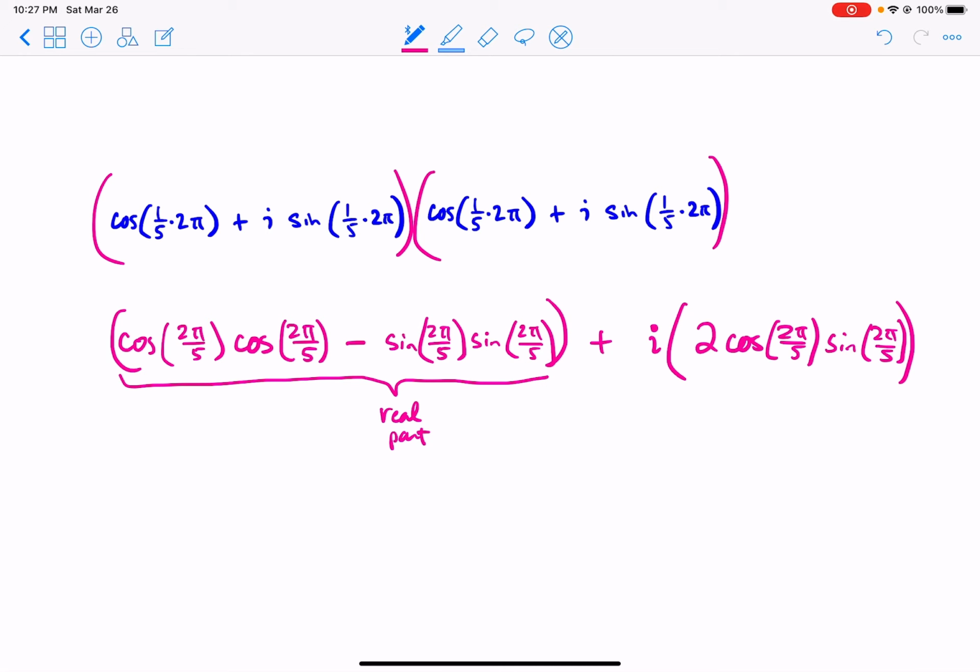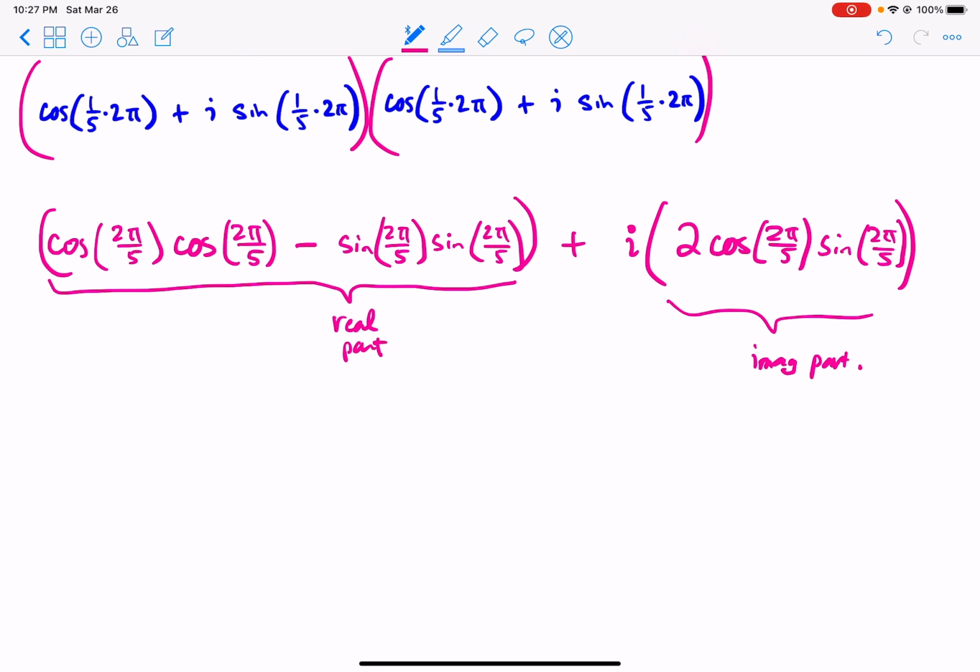This is the imaginary part. And in fact, you could just write this cos squared. So I guess cosine of 2 pi over 5, the whole thing squared, minus sine of 2 pi over 5, the whole thing squared, is the real part here.